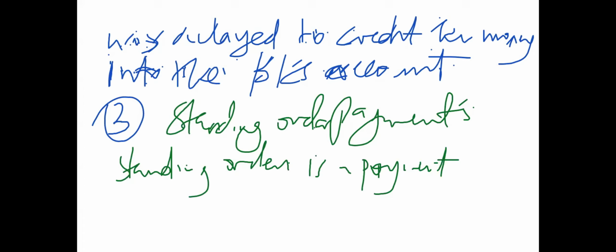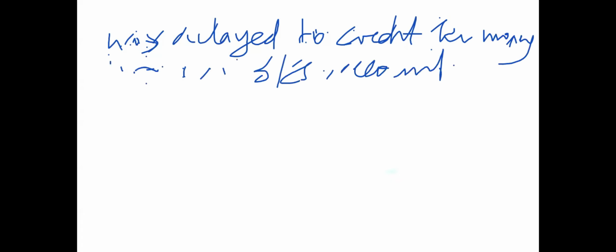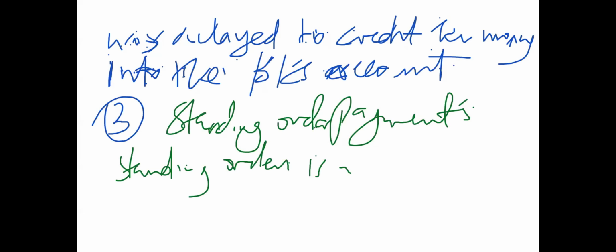It is actually a written instruction from the business to the bank, and the business will instruct the bank to pay an expense on behalf of the business. In other words, a standing order is just a written instruction.